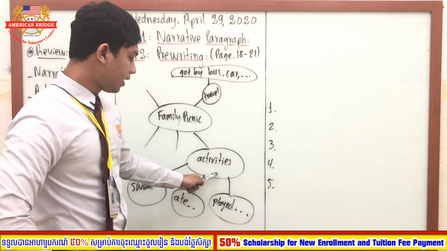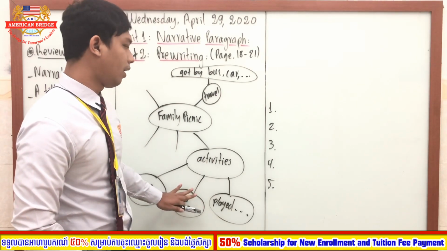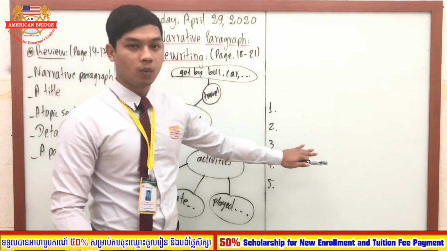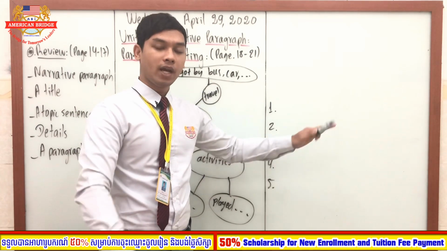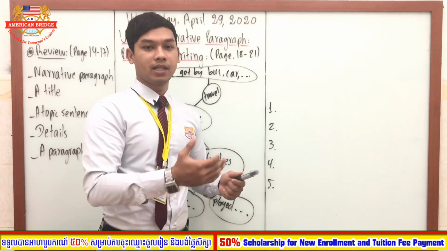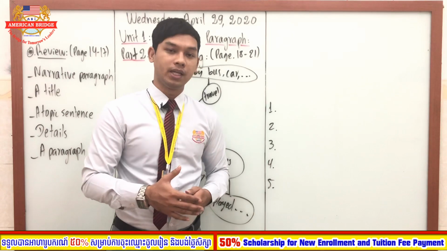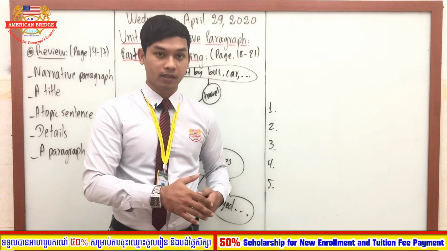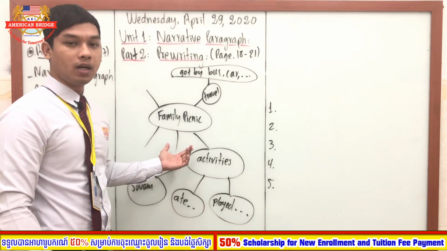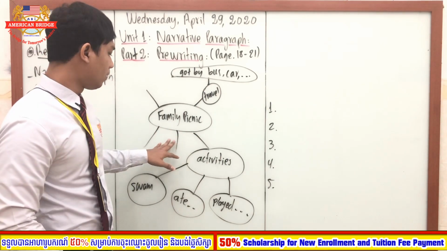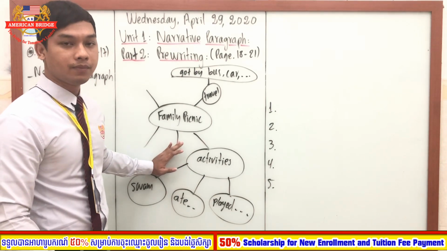So we have to think about all of this activity, and then when we collect all of this activity into our outline, we can go next to the paragraph writing. All right. So what are the other activities that you can use, everyone?